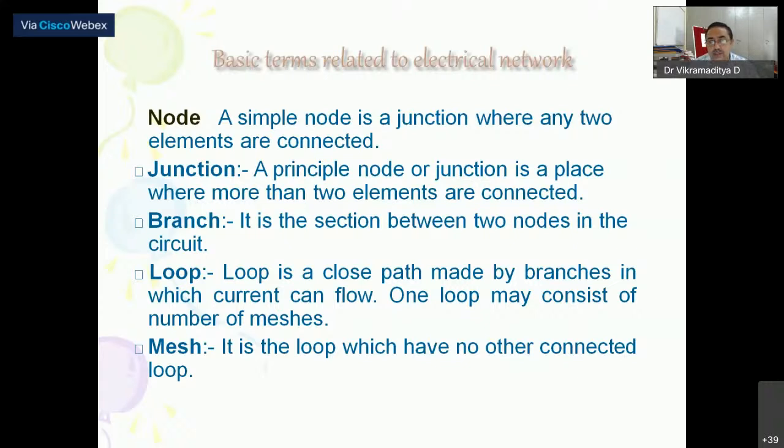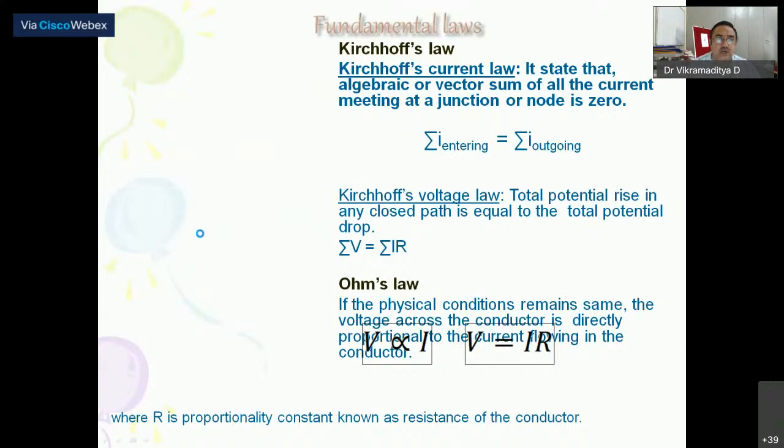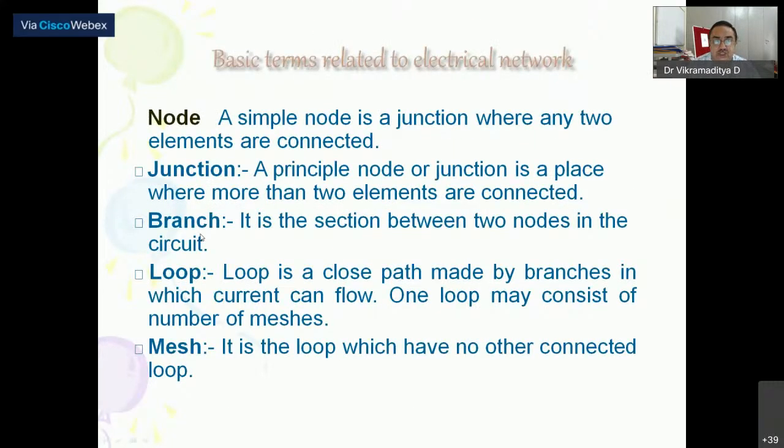In a node we have to take into account not elements, though I have written element, let me correct myself. It is not element, it is in fact branch. I will correct it in the PPT. So a node is a junction where two or more than two branches meet. I will later explain what a branch is.